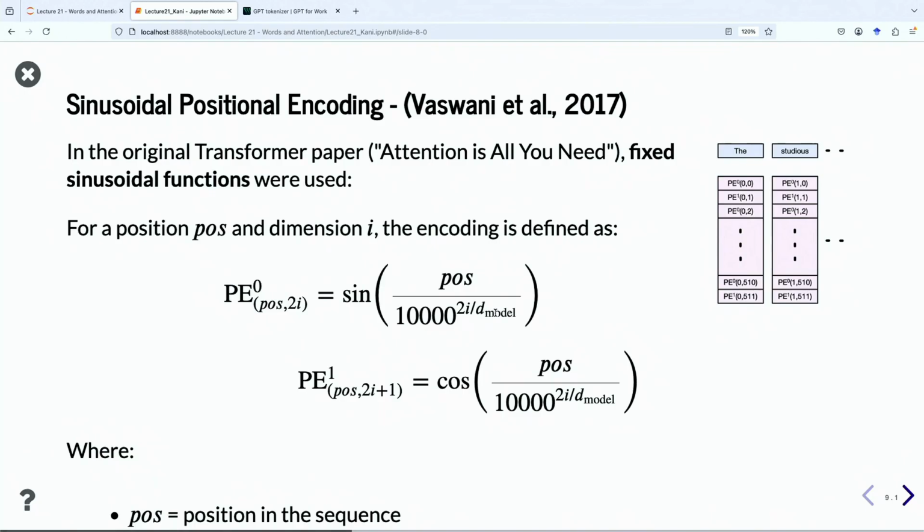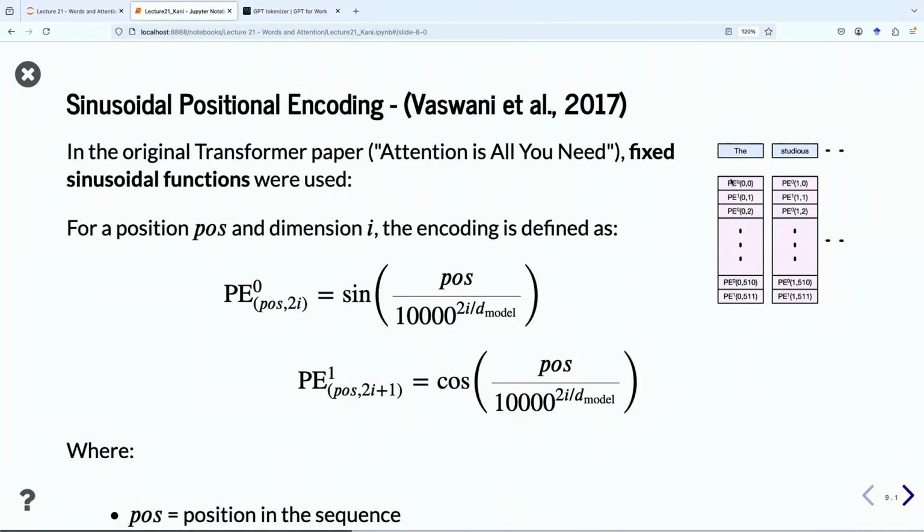So for each value in that position encoding, we put in the position of the word within the sentence, and then we calculate this function, which is the sine of the position over 10,000 to the 2i over d_model, okay? And then we put that value here, okay?